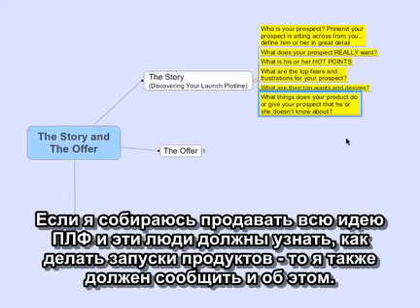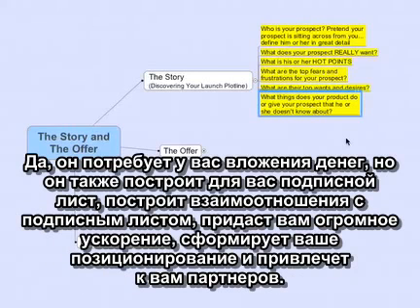If I'm going to sell the whole idea of Product Launch Formula and that people should learn how to do product launches, then I also want to communicate, well, yeah, it gets you some money, but it also builds a list for you, builds a relationship with your list. It gives you huge momentum. It builds your positioning and attracts JV partners.